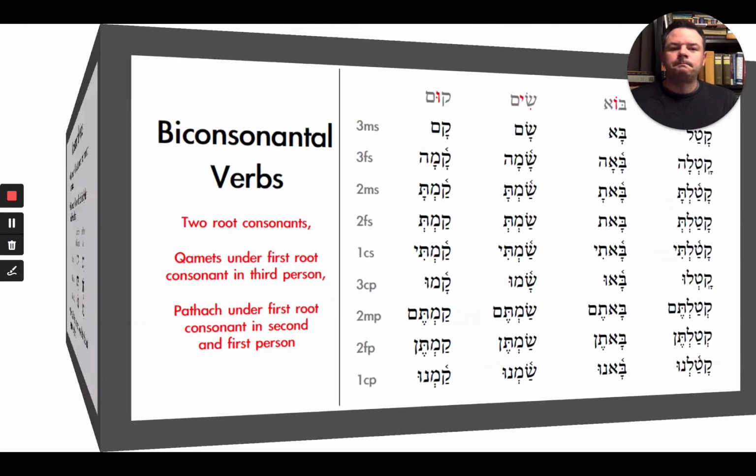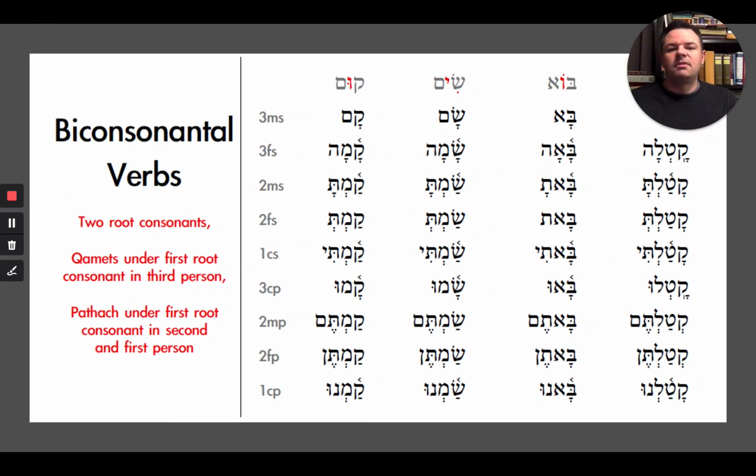So with the word kum, it's kam, kama, kamta, kamt, kamti, kamu. It's following the same basic-ish pattern as the strong verb. You see similar types of things. Maybe you see two kamets instead of a kamets and a patah, but the endings are still the same.